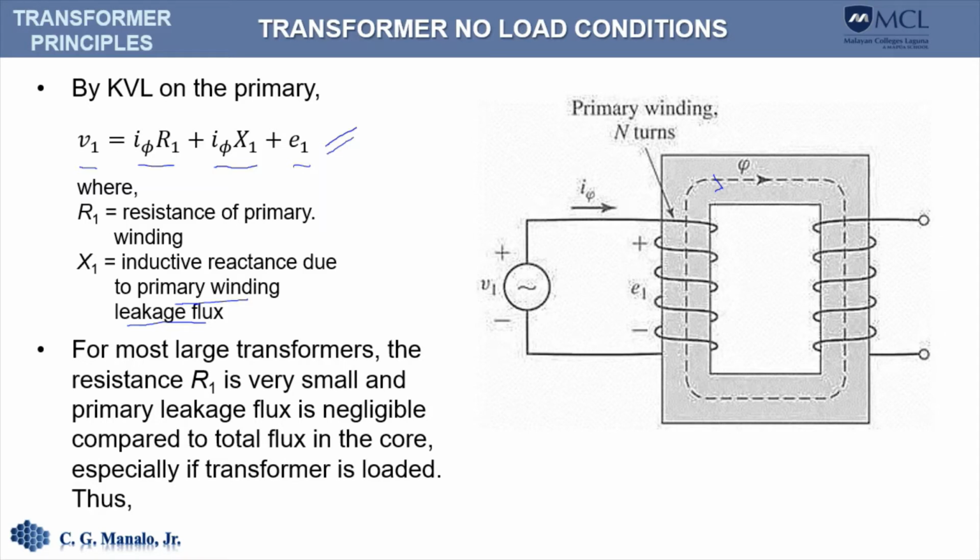Now, in large transformers, the resistance is usually very small, owing to the large conductors used in the primary winding, and the leakage flux is negligible compared to the total flux inside the magnetic circuit.